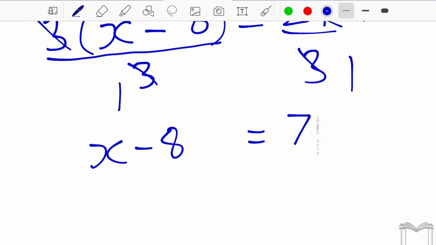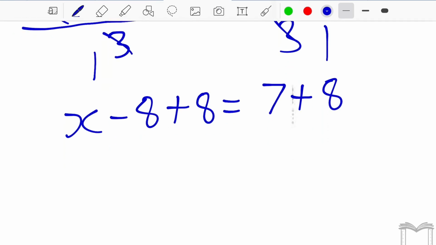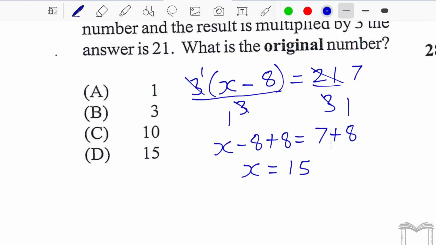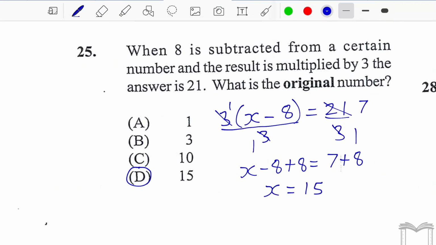So let's add 8 on both sides. We are adding 8 because we want to get rid of the minus 8. On the left side, minus 8 plus 8 is 0. We only want x on the left side. So that leaves us with x is equal to 7 plus 8 is 15. So x, or that unknown number, is 15, which is D.